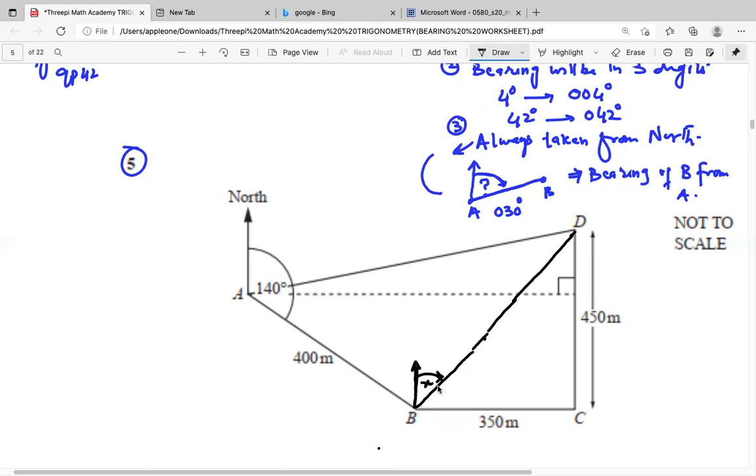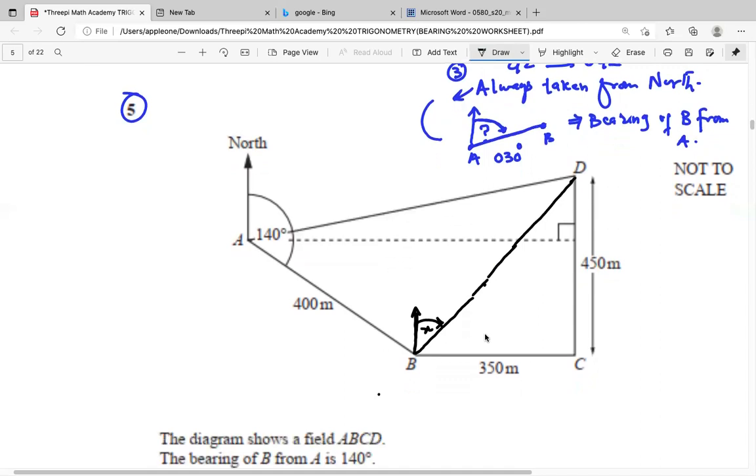Now, see what we will do for this angle. Let's say this angle is Y. How to find this angle Y? I'm taking tangent because I have the opposite side and the adjacent side.